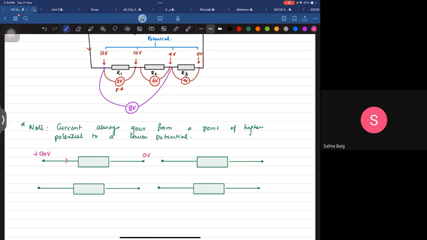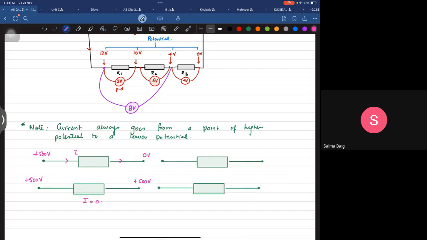Obviously the current is going to go like that. If you have plus 500 volts on either side, because the potential is the same, there is no potential difference. So the current in this one will be 0.